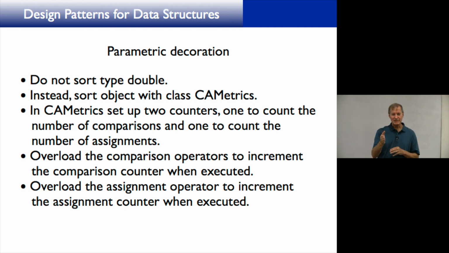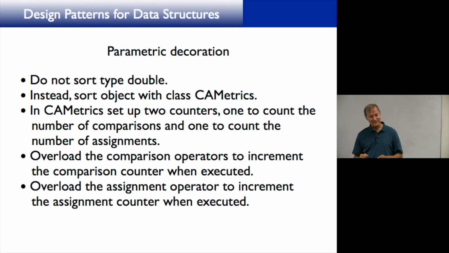Now, check this out. Our abstract sorter sorted what type? T. And T could be what? Anything. It could be int, it could be double, or it could be any class. Are you with me? So you could sort counters.